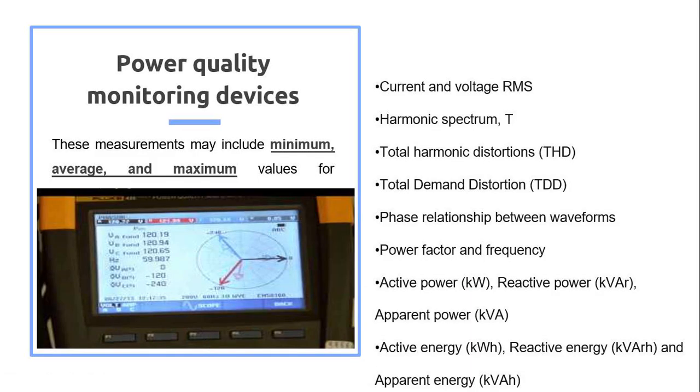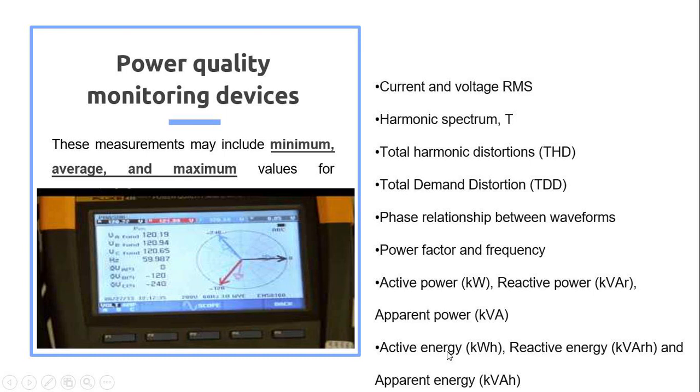Power quality monitoring devices measure minimum, average and maximum values for current and voltage, harmonic spectrum, total harmonic distortion (THD), total demand distortion (TDD), phase relationship between waveforms, power factor and frequency, active power, reactive power, apparent power, active energy, reactive energy and apparent energy.